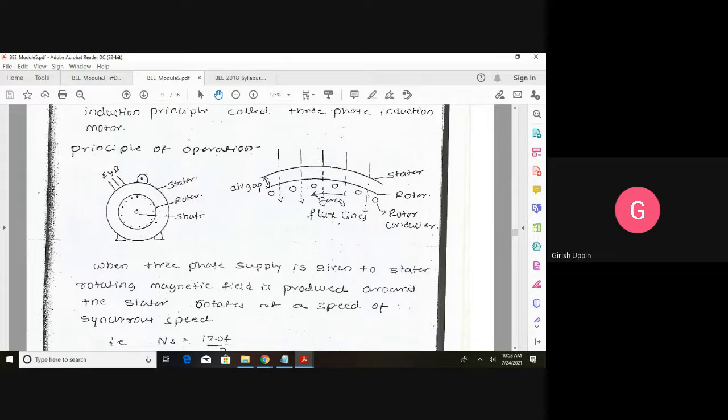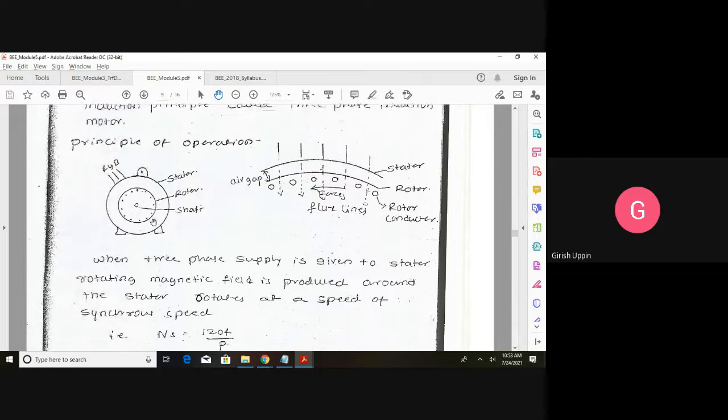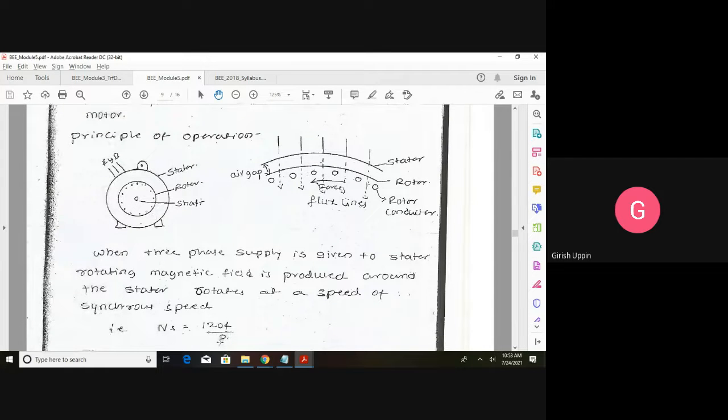How do we calculate the synchronous speed? Synchronous speed is calculated using the formula 120 into F divided by P, where F is the supply frequency and P is the number of poles.